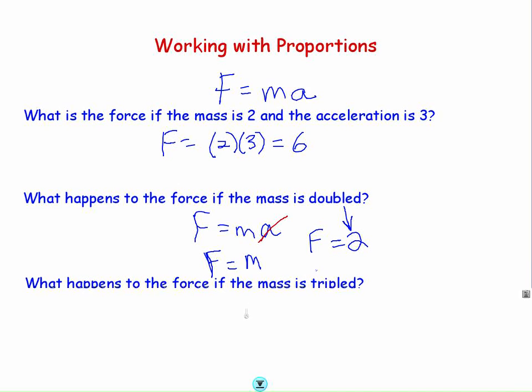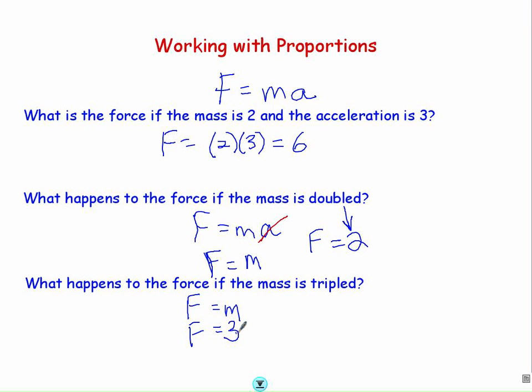Let's do another example. What happens to the force if the mass is tripled? Well, it's the same scenario as up here. Acceleration isn't mentioned, so we cancel it out. So we're really just working with F equals m. Tripled means 3 times as big, and so it's just as simple as being able to say force is also going to be 3 times as big. Again, the force isn't equal to 3.